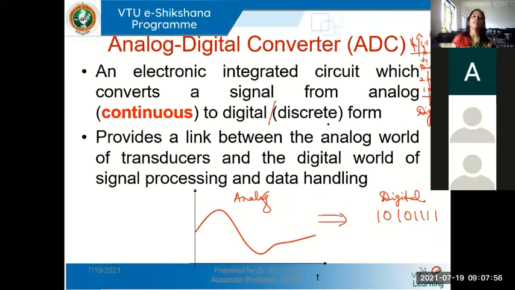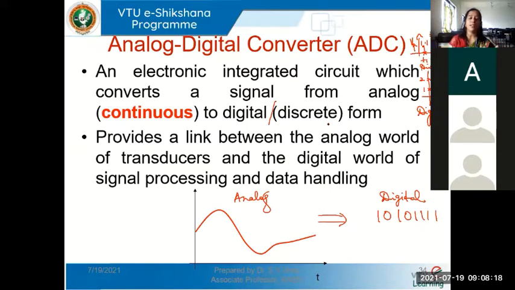So it provides a link between the analog world and the digital world, like in the form of transducers. So remember, analog world, the analog signal like temperature, pressure, all those things will be sensed and converted to electrical signal using transducers, right?